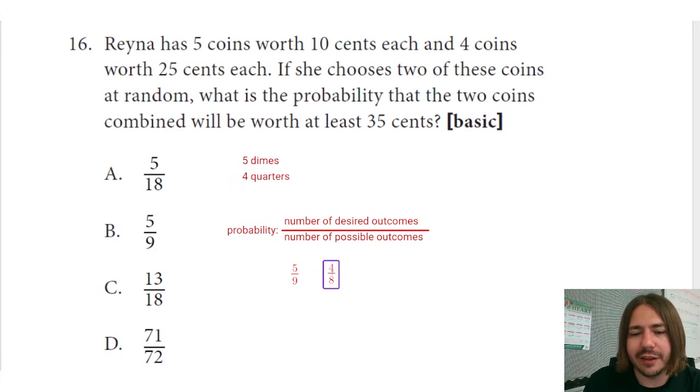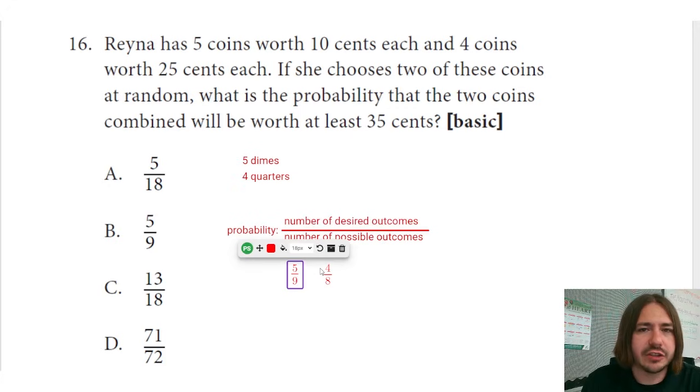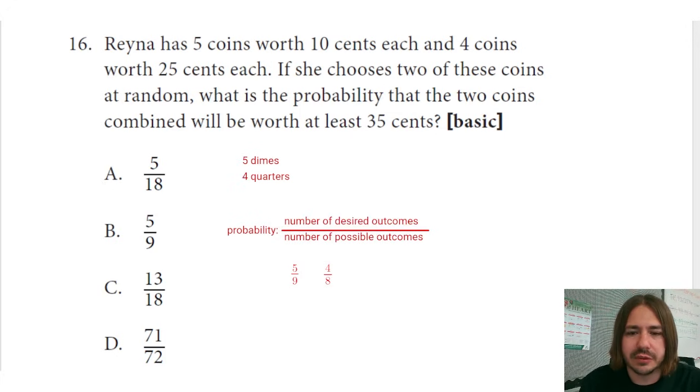So on that second event, for the second coin, there's a probability of 4 out of 8, or a 50% chance. Now, this is a combined probability problem where we're not just calculating the probability of 1 event, but 2 consecutive events. And so the way that you combine these probabilities is to multiply them.